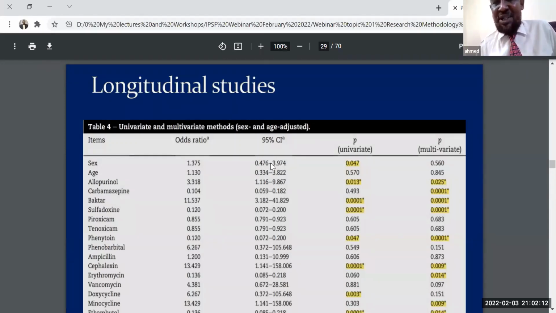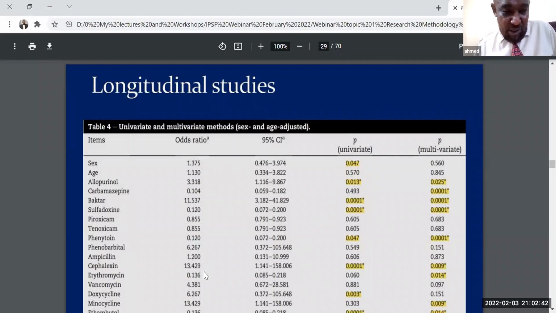That means 1 is included in the confidence interval, and this indicates that this estimation is not significant. So we can see the confidence interval for every odds ratio here, and if it doesn't include 1, that means this estimation is significant. We also have the p-value for univariate and for multivariate.